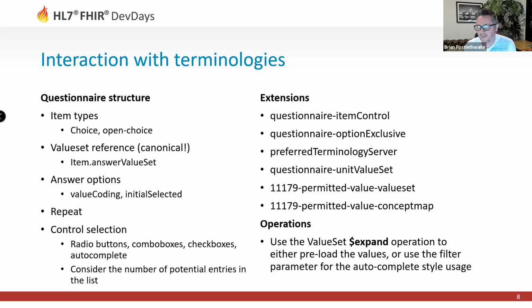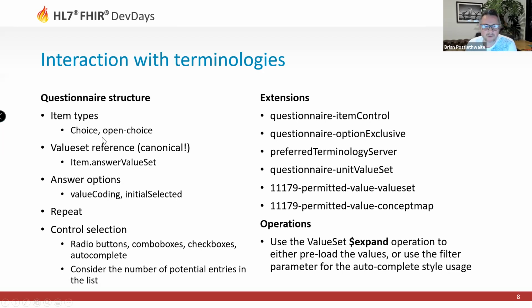But there's a large number of country codes, in excess of 100, so maybe you want a different item control and say, don't render as a drop down, render as a look ahead, so that they can start typing and it'll select and come in.